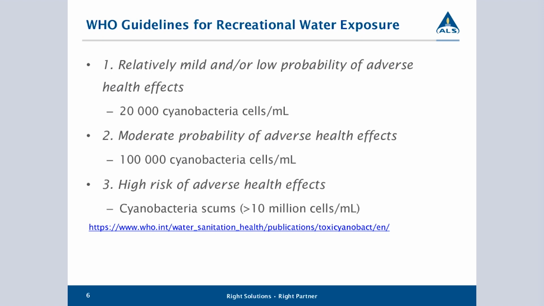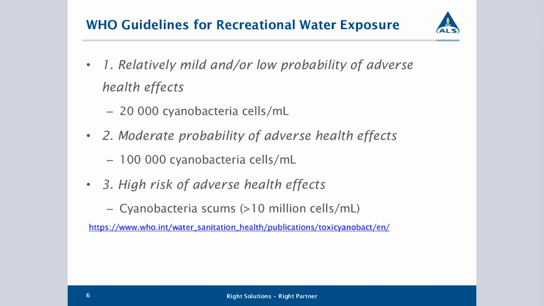The second level relates to a moderate probability of adverse health effects. The guideline for this level is 100,000 cyanobacteria cells per milliliter. At this level, the probability of irritative symptoms is increased, and there is the potential for health impacts from cyanotoxins.